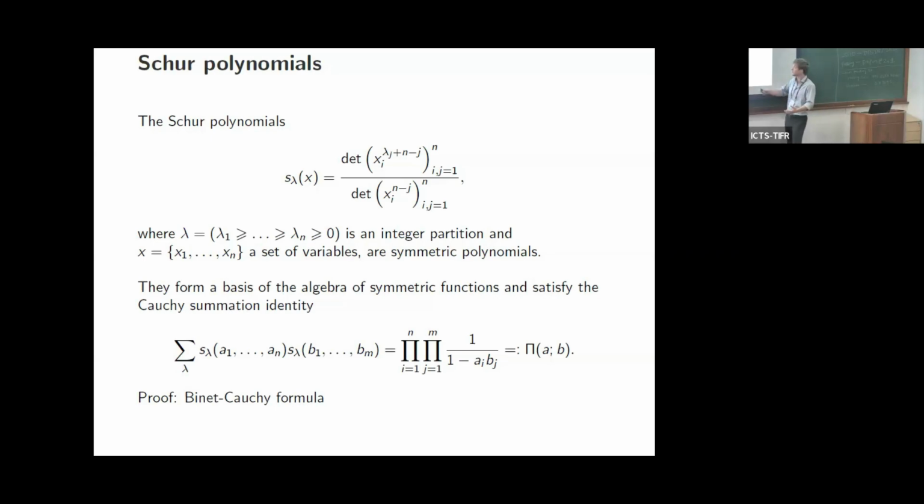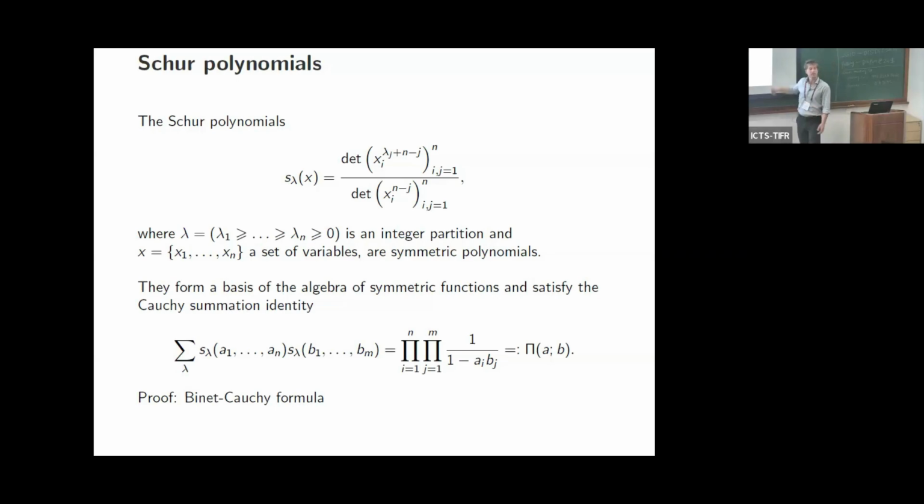It factorizes, and it has this very nice factorized form. It's the product over all i and j of 1 over 1 minus ai bj. And this product here, I'll denote it by pi(a,b), just a shorthand notation, because this number in our probabilistic application will be a normalization constant, and so I need a nice notation for it.